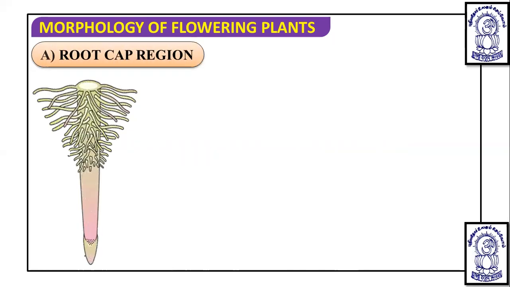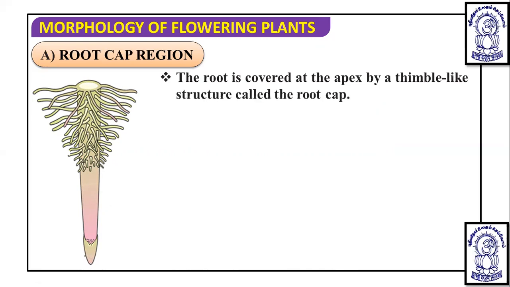First is the root cap region. If this is a diagram of a part of a root, the root cap region is seen here. This root cap region is the lowermost. The root apex is covered by a thimble-like structure called the root cap.